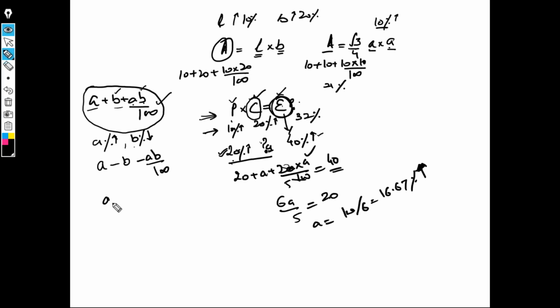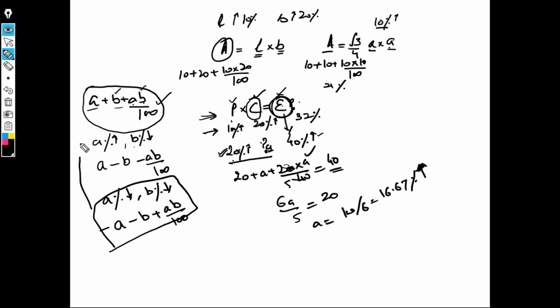The question can also be a decrease of A% as well as a decrease of B%, which gives us an overall change of minus A minus B plus AB upon 100. I hope this part is clear now to each and every student. So increase means positive sign, decrease means negative sign.